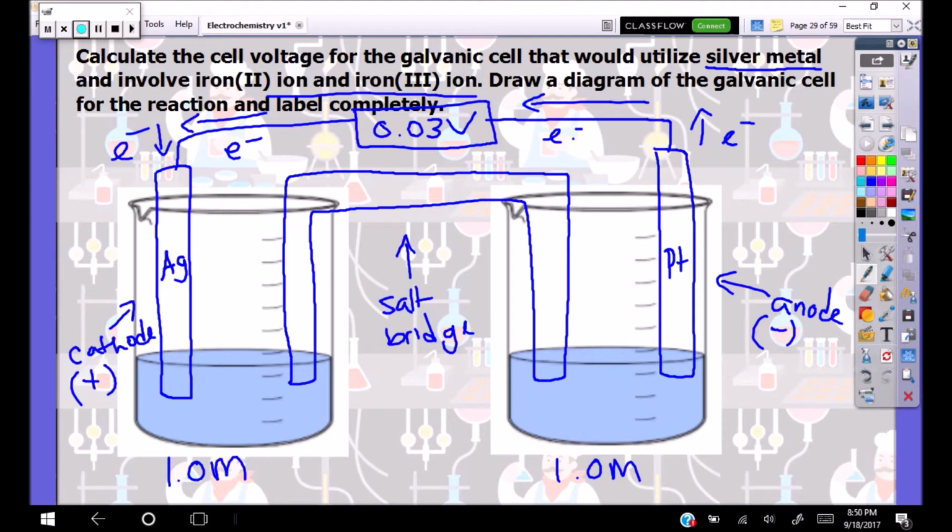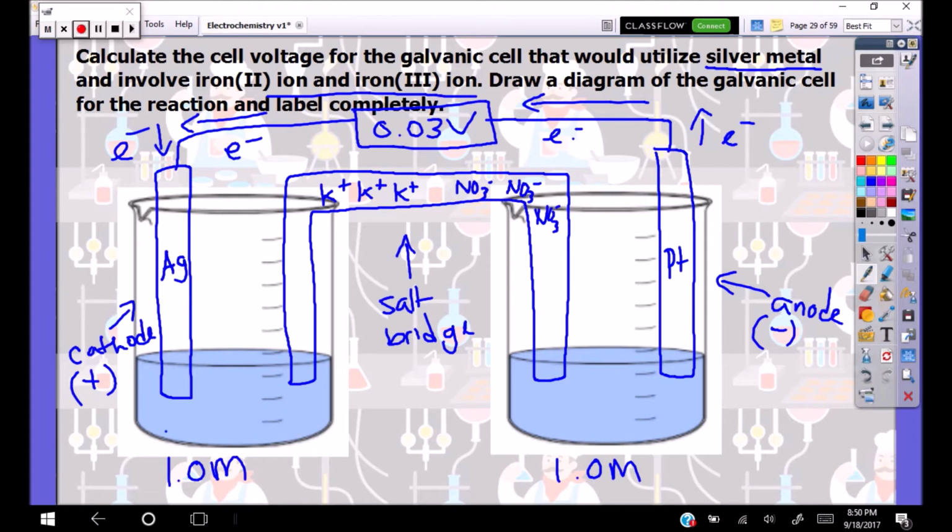Okay. In our salt bridge, potassium nitrate's a very popular salt that you would see. All of the positives would migrate towards one end, all of the negatives would migrate towards the other end. So we have the reduction of our silver ions going on here.